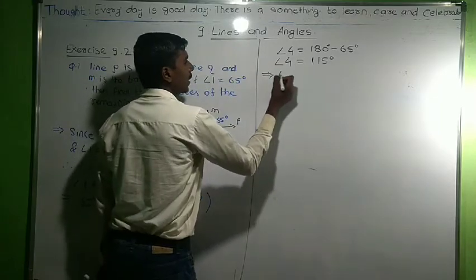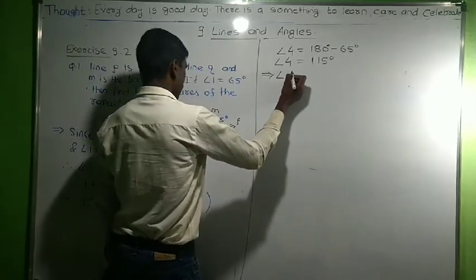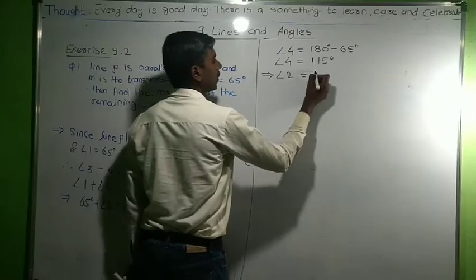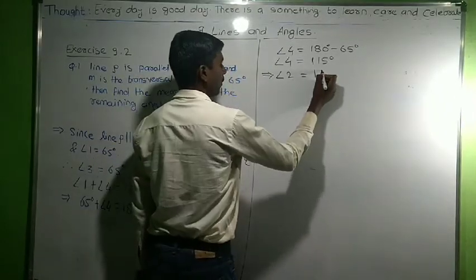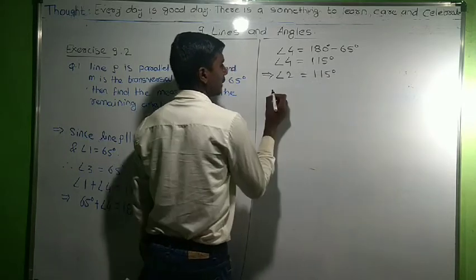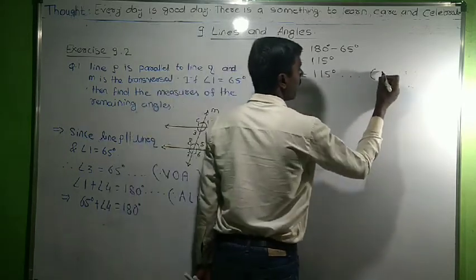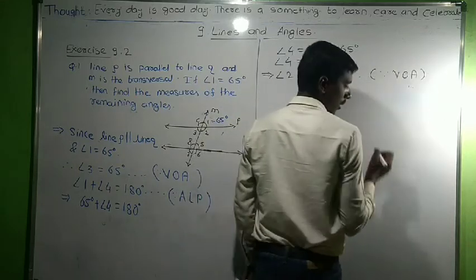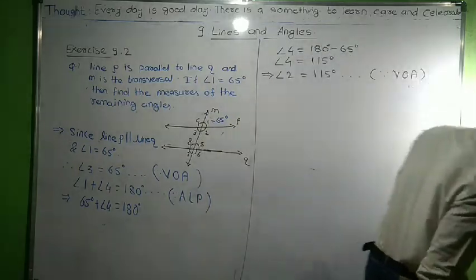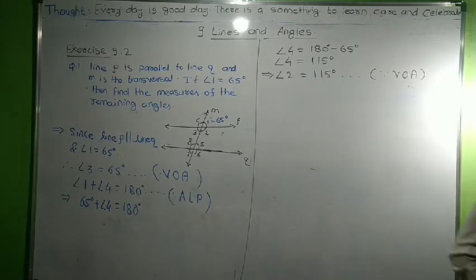Angle 4 is equal to 115 degrees, which implies angle 2 is equal to 115. Why is this equal to 115? The reason is vertical opposite angles, so this is also the same.